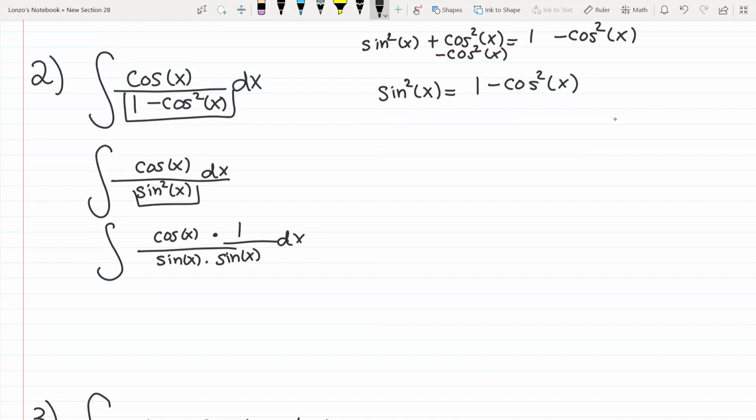So you have 2 parts. How can I rewrite cosine x over sin x? Cosine x over sine x, or x over y, is the same thing as cotan x, times, and then how can I rewrite 1 over sine x? That is the same thing as cosecant x dx.